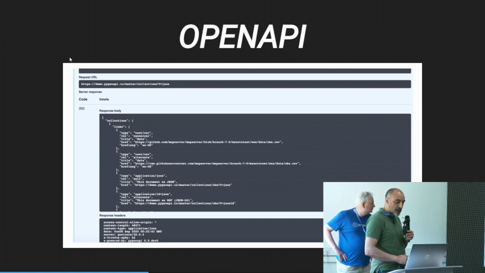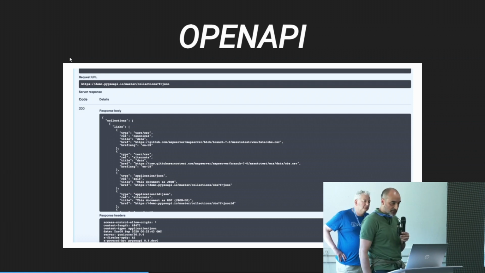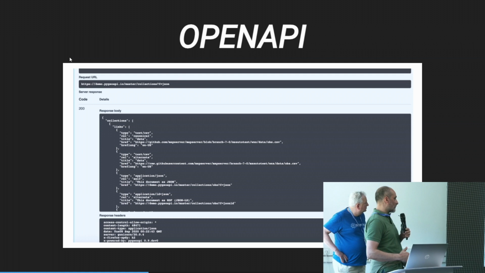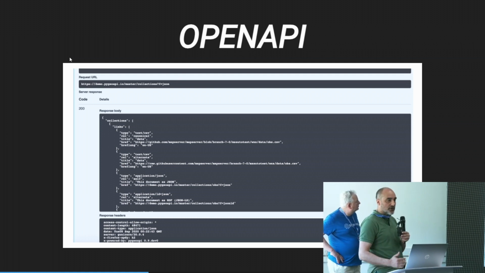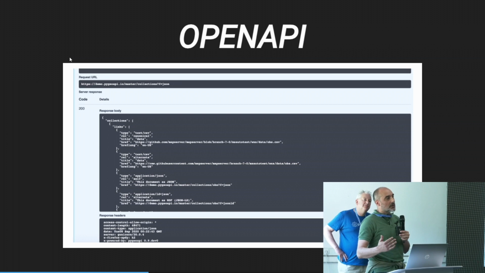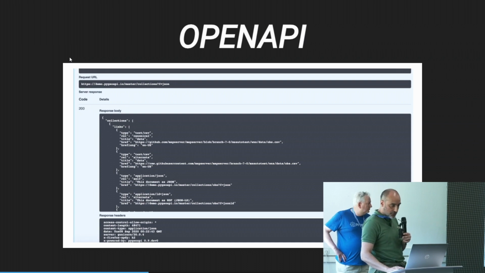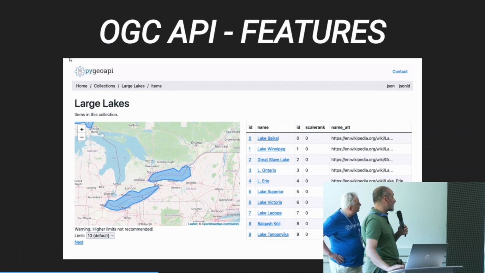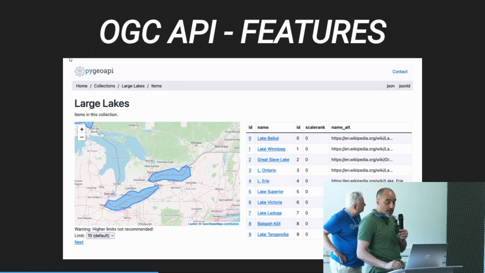So everything in pygeoapi is based on the OpenAPI specification. So if you are wondering about WMS, WFS, don't expect them to be supported in pygeoapi. But we support at some point protocol translation of the legacy standard into the modern one. We support OGC API Features, and we are a reference implementation of the OGC API Features.